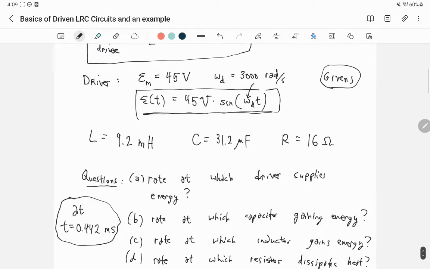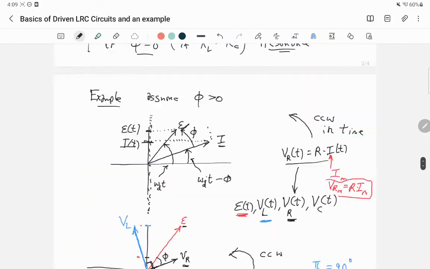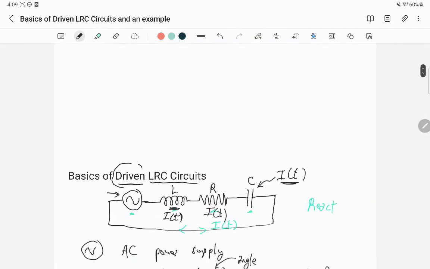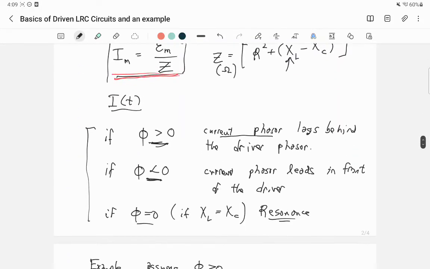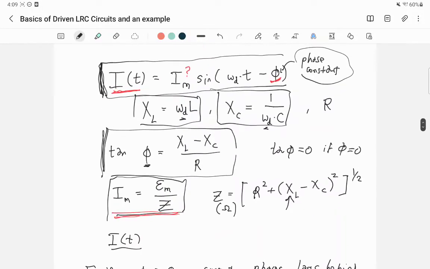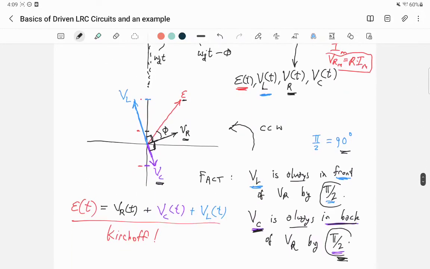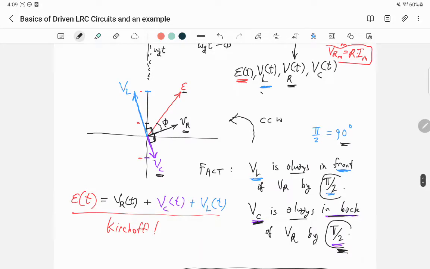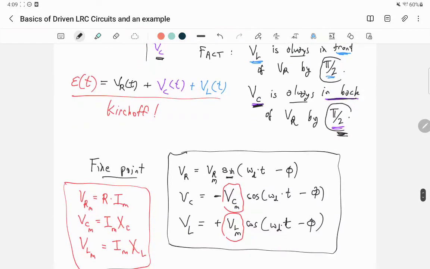You know that the driver is behaving this way in time. And with all of the stuff that we just went through, I gave you all of the machinery to determine how the circuit responds as a function of time, right? So here is the circuit's response as a function of time. From that, you can get the voltages across each of the devices as a function of time.